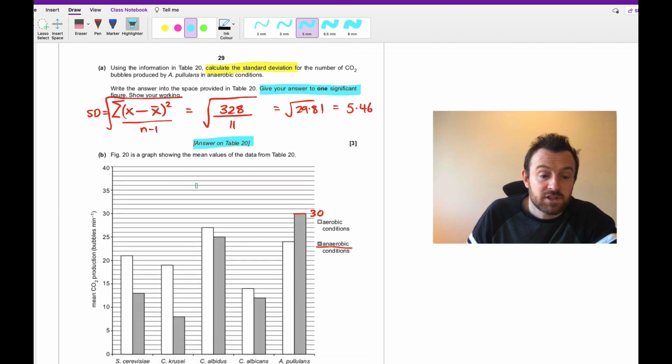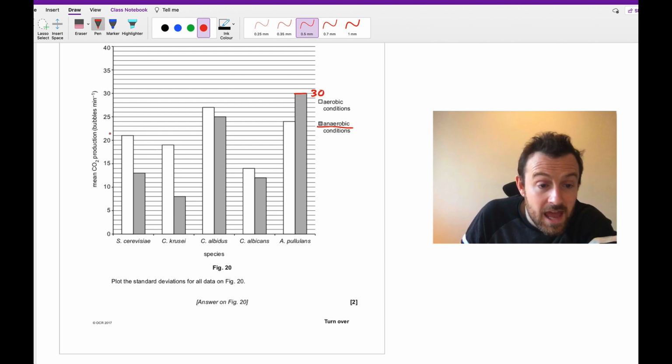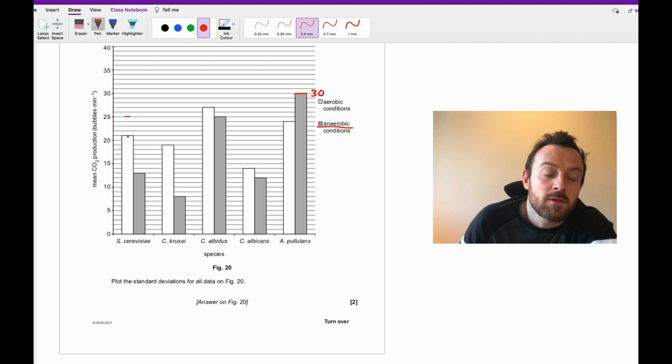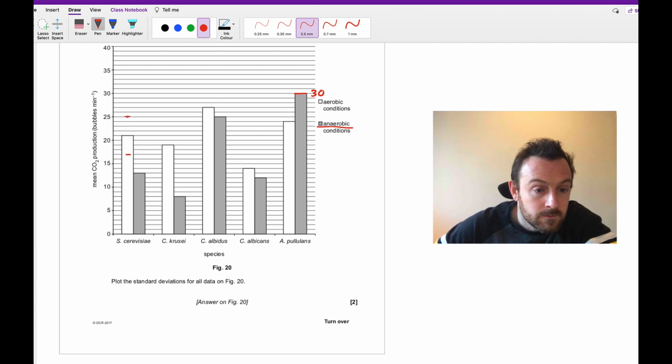So over here, S. cerevisiae under aerobic conditions, we start at 21, so we would mark the mean plus 1 standard deviation and the mean minus 1 standard deviation as well. So that's 2 and that's 4, so that's there.